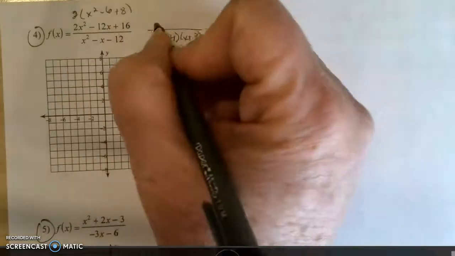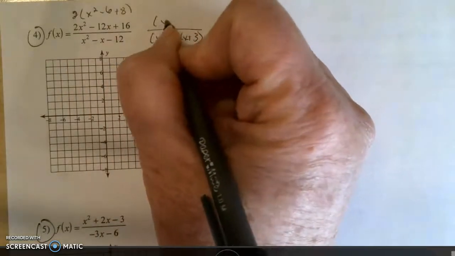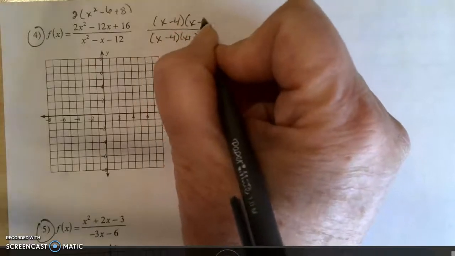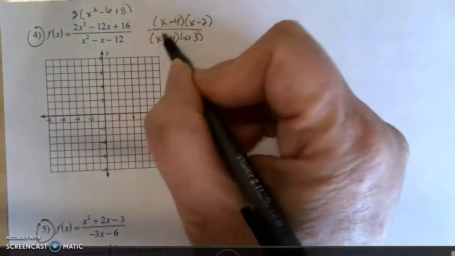I'm going to take the 2 out so I can factor it. So I've got x minus 4, x minus 2. Okay, I have a hole.